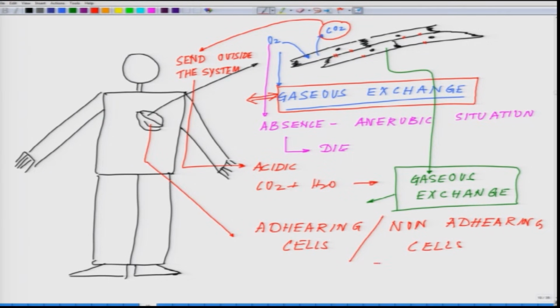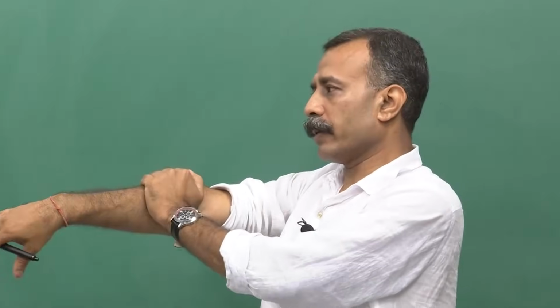Which cells are we culturing? Adhering cells, you could see, these are all adhered to each other, right, in our heart.